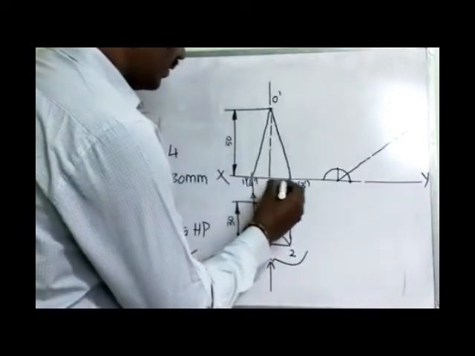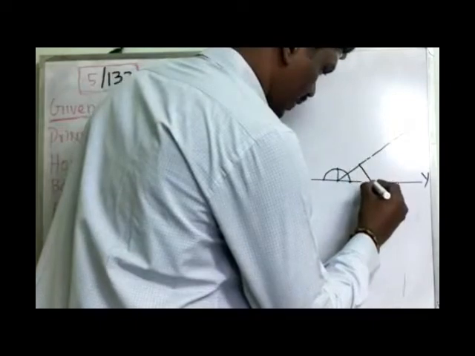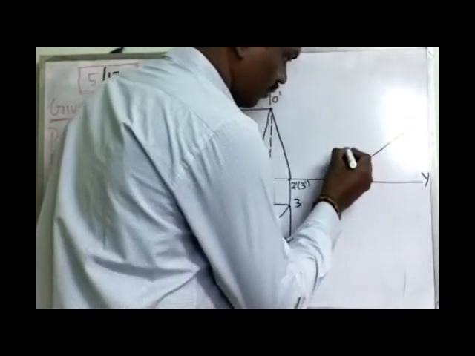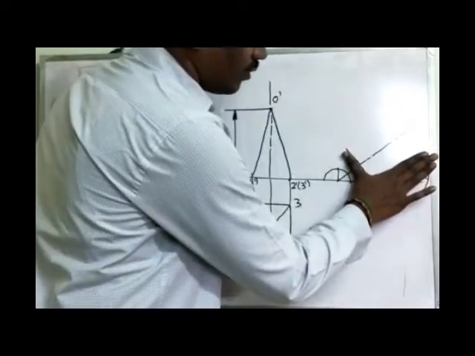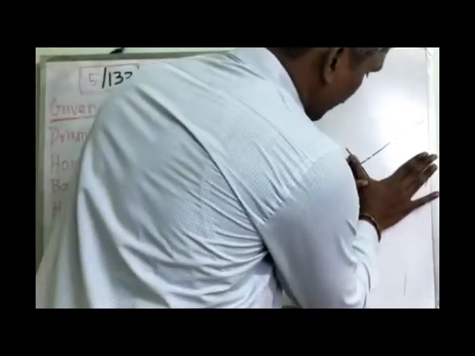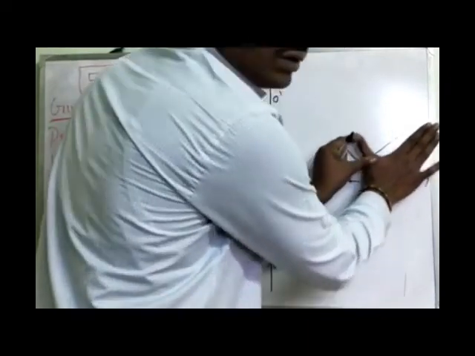Now you mark this is 15, this is 15. For that, you set the mini drafter. This dimension is 15 millimeter, so you move the mini drafter.